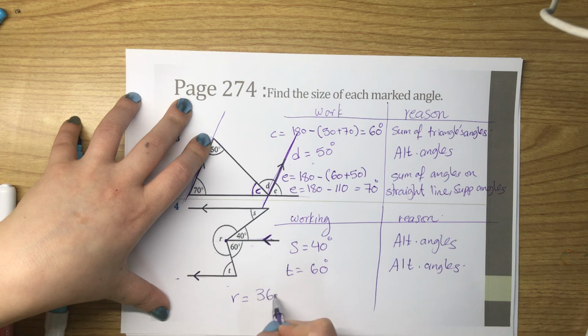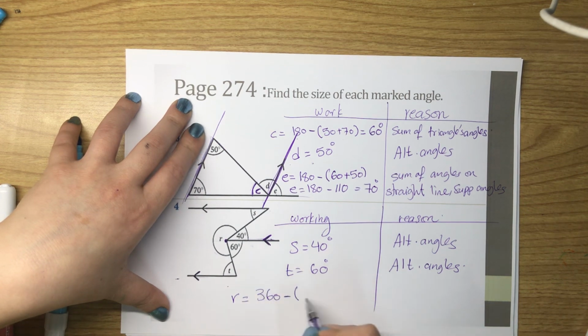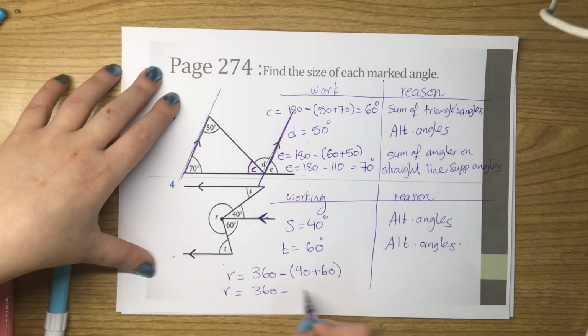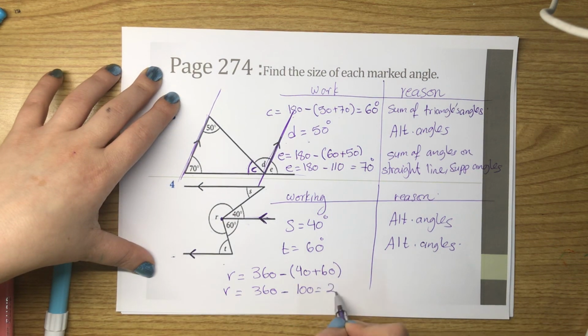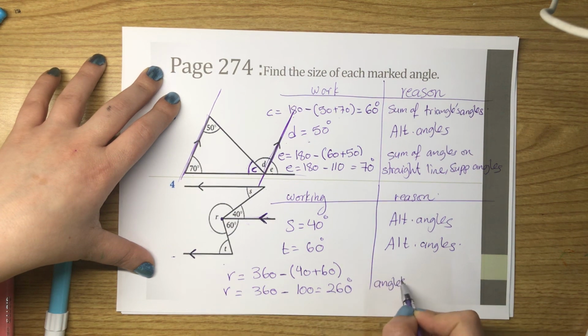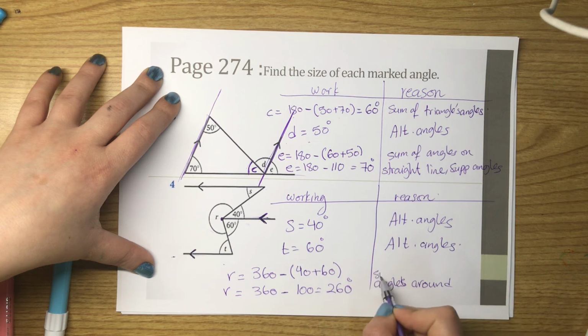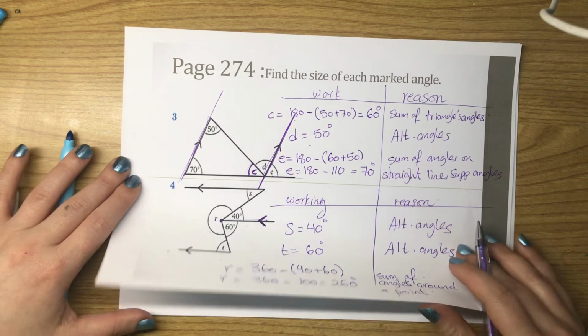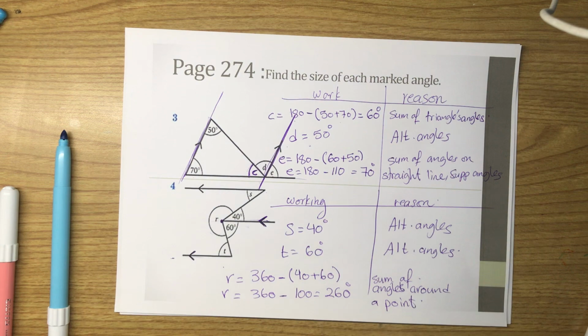Exactly, 360 take away the sum of 40 plus 60. Then R equals 360 take away 100, which equals 260. Why? Angles round a point, or sum of angles around a point. Okay? See you next lesson.